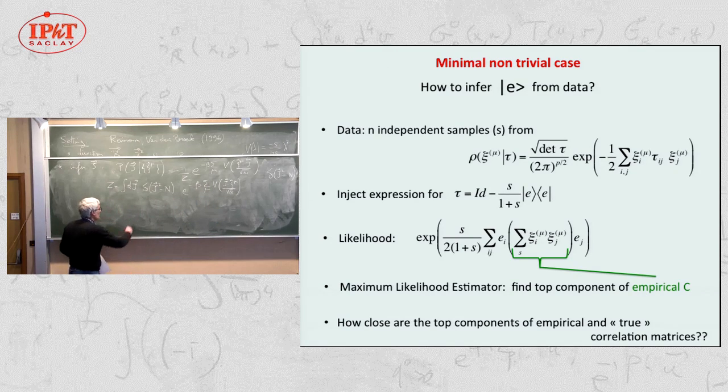So we may imagine that in this n-dimensional space, this is the 0, for instance, here. There will be the right direction B, that we find if we have an infinite number of samples. But if we have finite samples, then maybe the best J will be somewhere here.